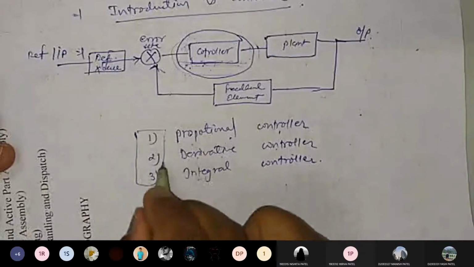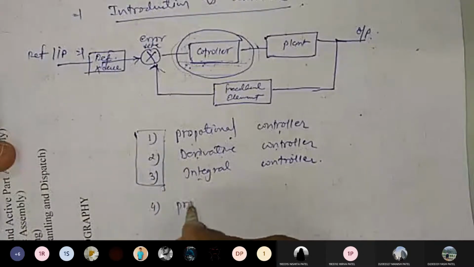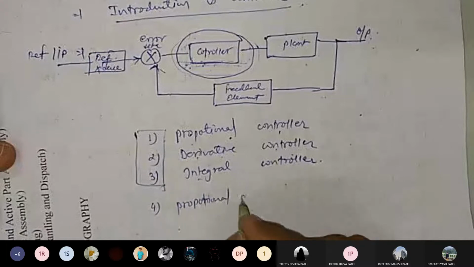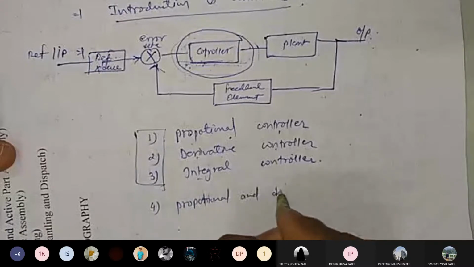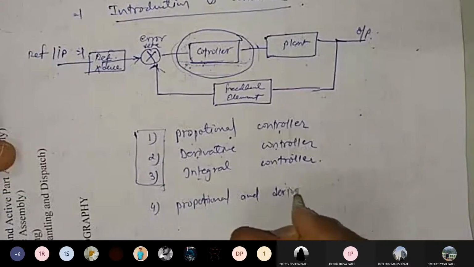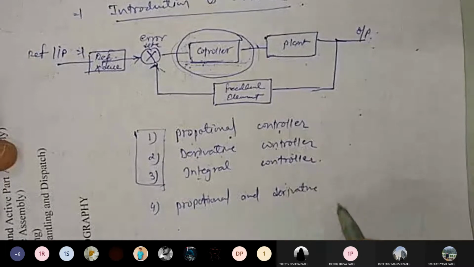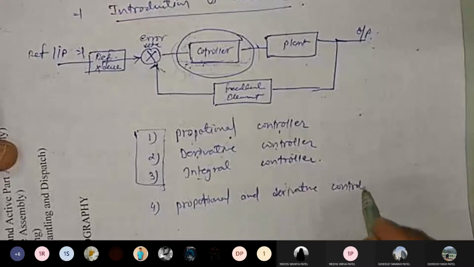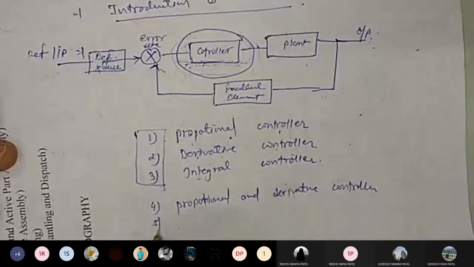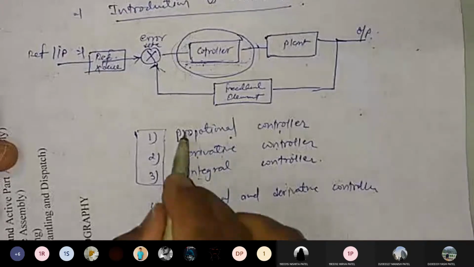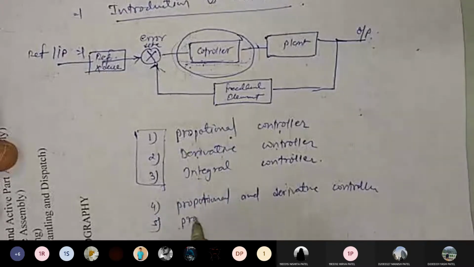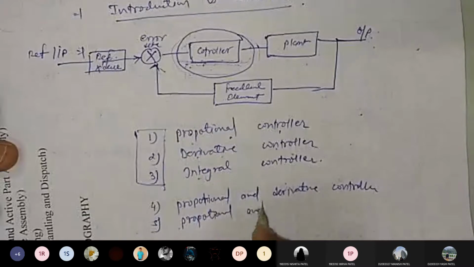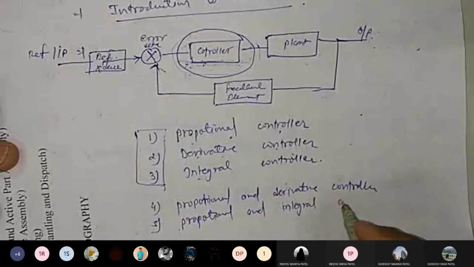The fourth one is a combination of first and second, that is proportional and derivative controller. The fifth one, a combination of first and third, proportional and integral controller.